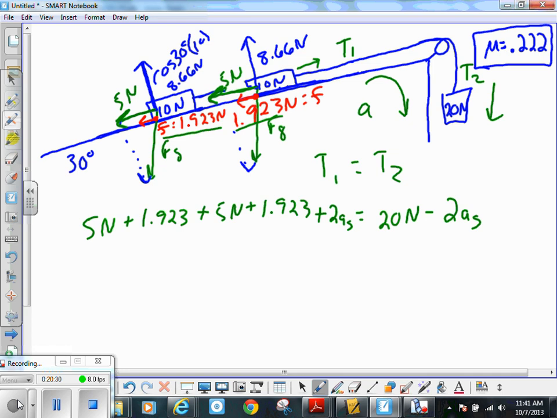Okay, so now you put all this stuff together here. Okay, so you got 4a then equals 20 minus 5 minus 1.923 minus 1.923, which is how many newtons? That equals 6.154 newtons.